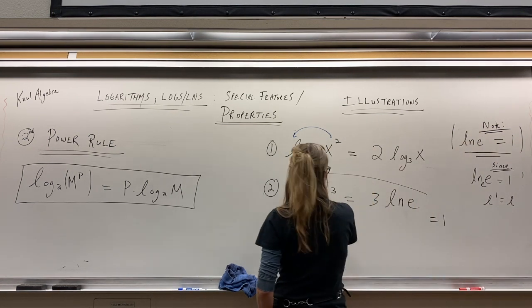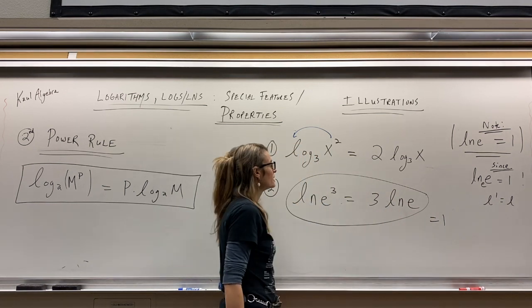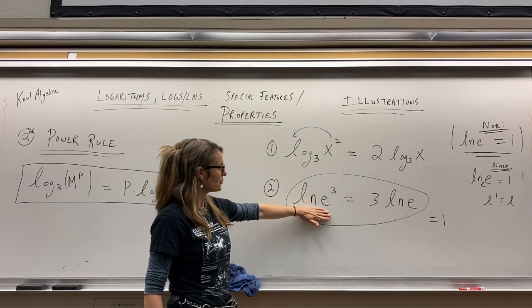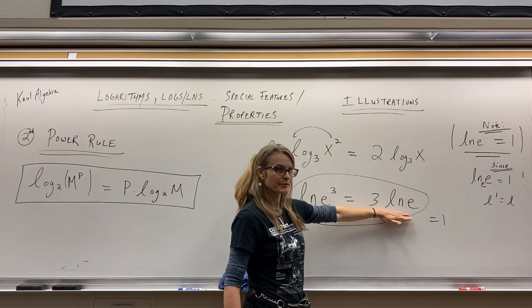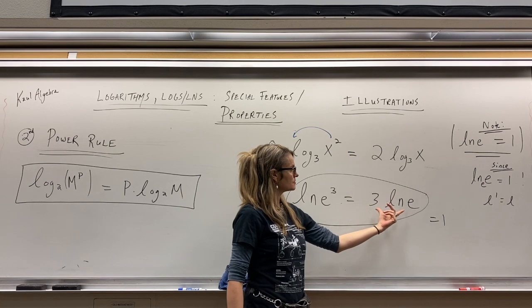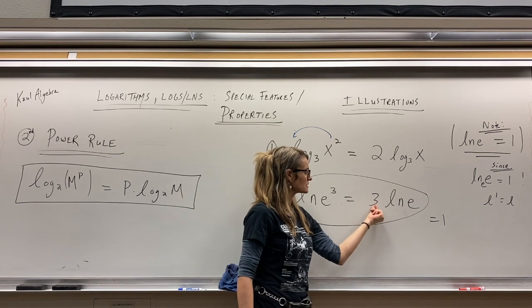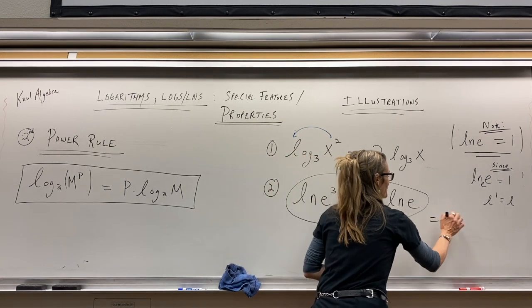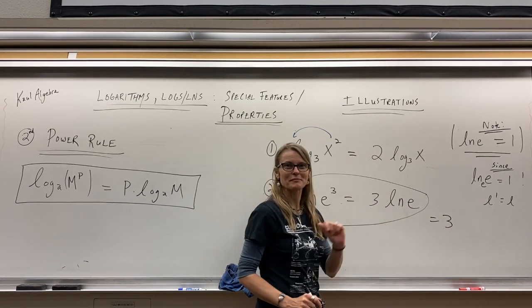But if we were just purely rewriting what we have in its power form, we apply the power property to rewrite it this way, and you can see where the application is. In this format, we could just think of this as 3 times 1 and get the value 3. I forgot to multiply by 3.